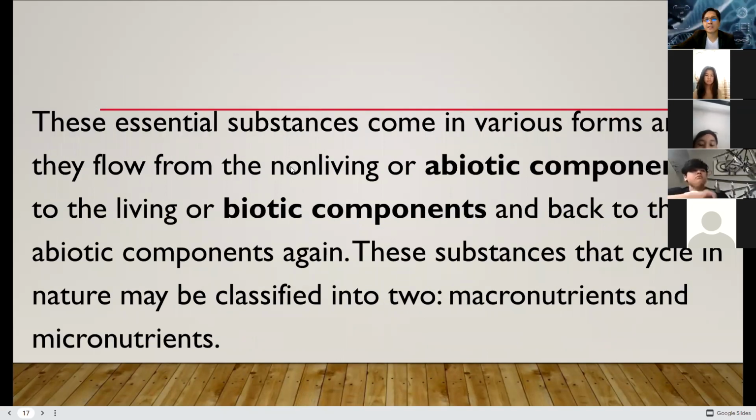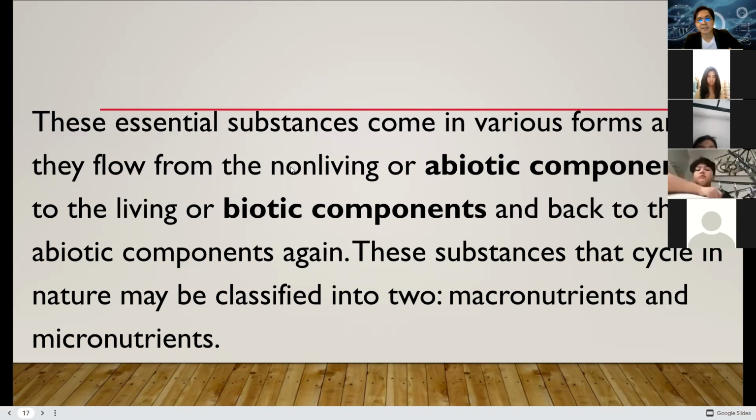These essential substances come in various forms and they flow from the non-living or abiotic components to the living or biotic components, and back to the abiotic components again. And the cycle repeats again and again.